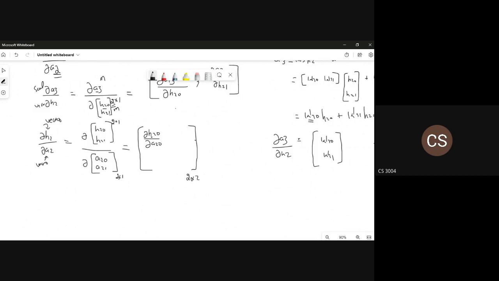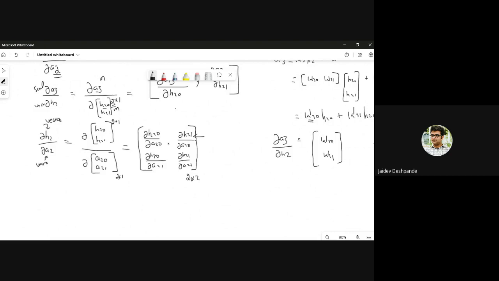The first element is the derivative with respect to A20, the second element is H21 with respect to A20. So the entire numerator partial derivative is with respect to A20. Then I repeat the process: the derivative of H20 with respect to A21, then H21 with respect to A21. This actually makes it clear.